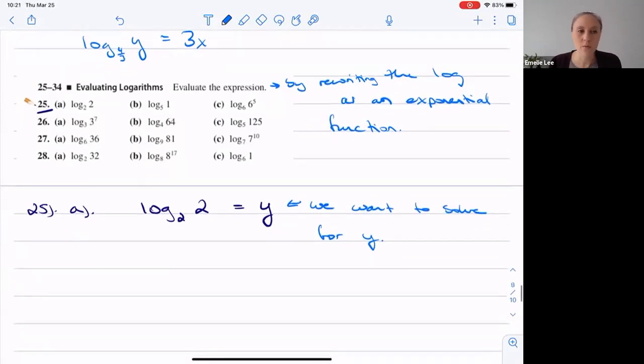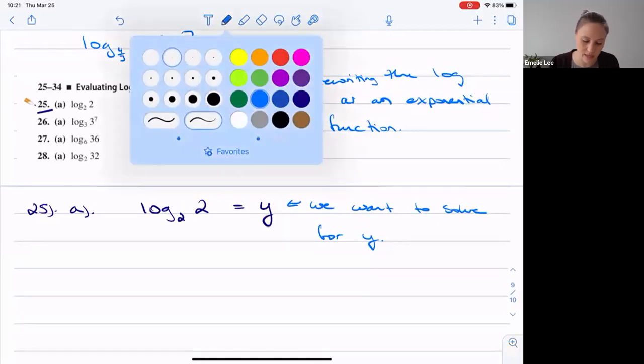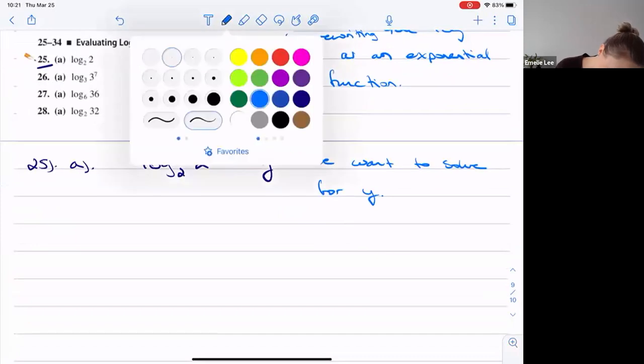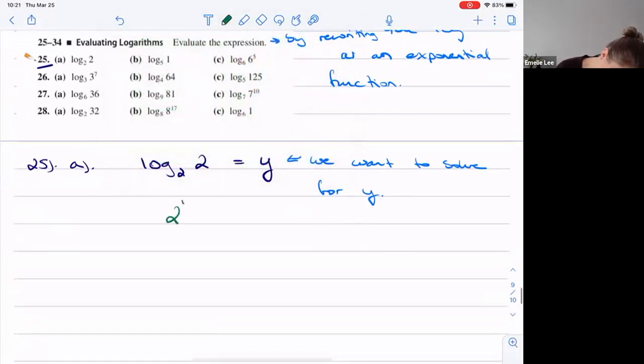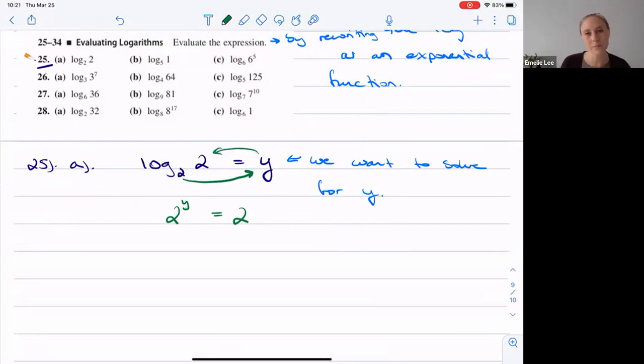All right. So what we want to do is, if we want to solve for y, remember our chain here, 2 to the power of y equals 2, right? So I'm going to rewrite this as 2 to the power of y equals 2. It's confusing, but 2 to the power of y equals 2.